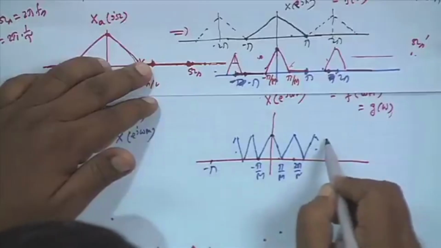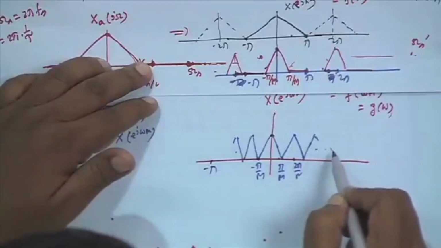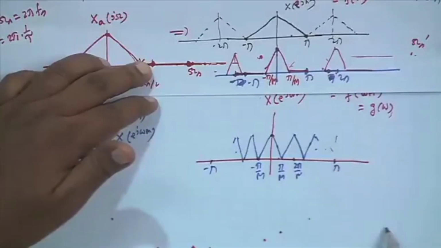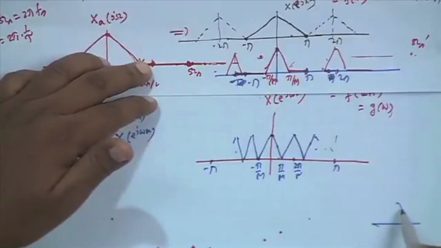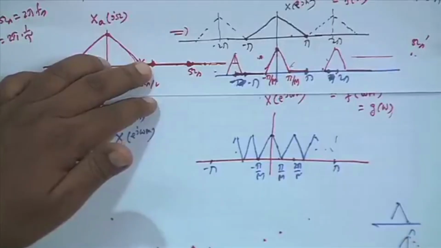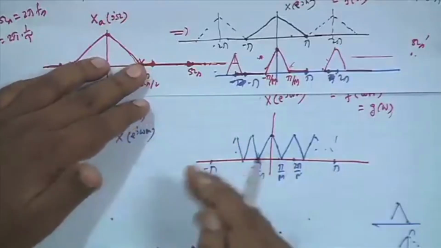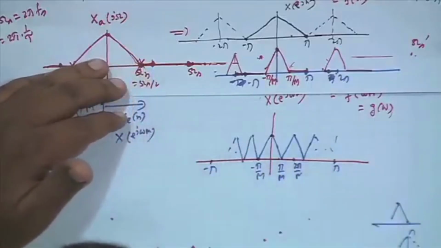So, either it will go like this, or it will end like this, if it is pi, it will just go like this on this side, depending on whether capital M is odd or even and all those things. But you will have this kind of stuff.